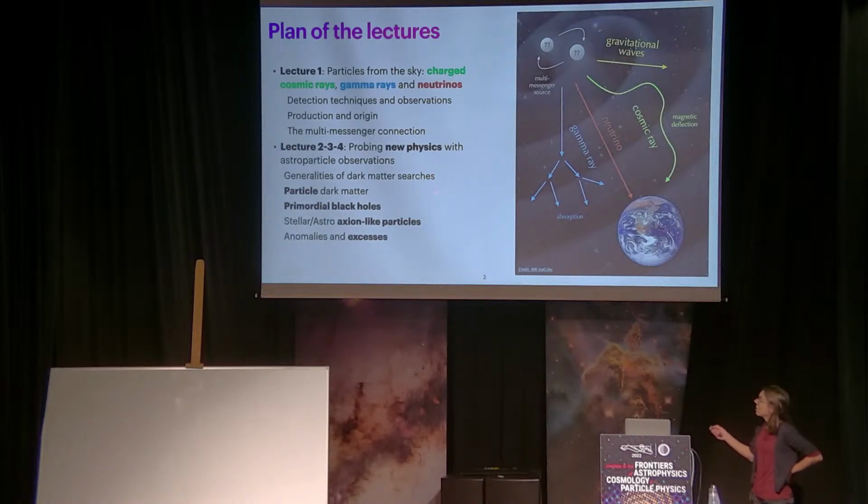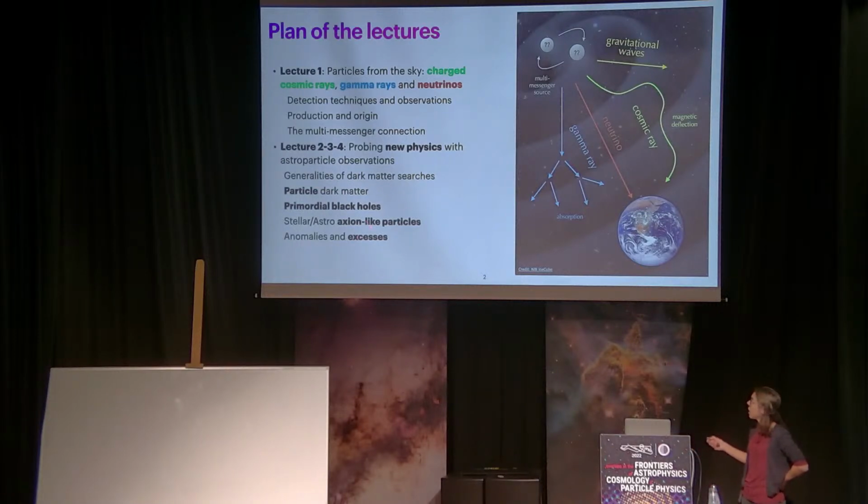We also started to see a bit about dark matter, the general ingredients we need to look for it with indirect probes, and more generally astroparticle observables. Today we'll keep going with particle dark matter, but at heavier masses with respect to yesterday.